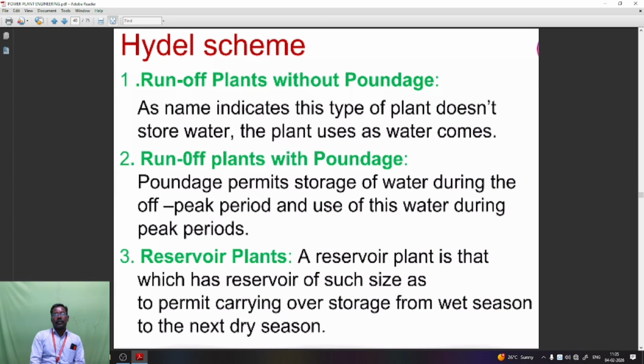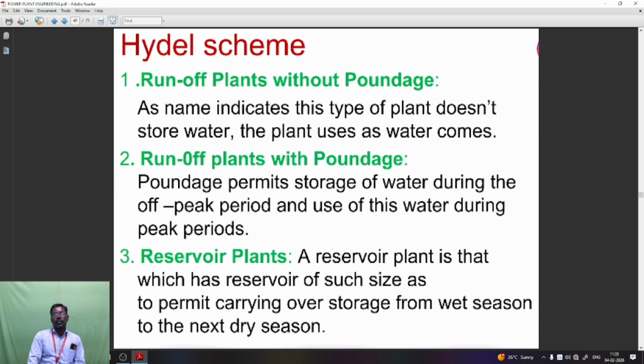Hydro systems: runoff plants without poundage. As the name indicates, this type of plant does not store water. The plant uses water as it comes. Second, runoff plants with poundage.